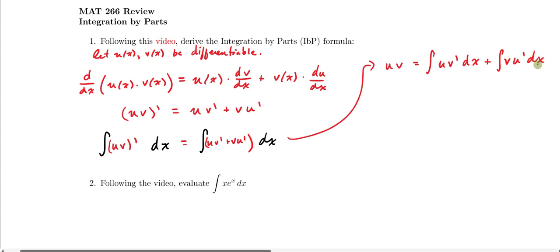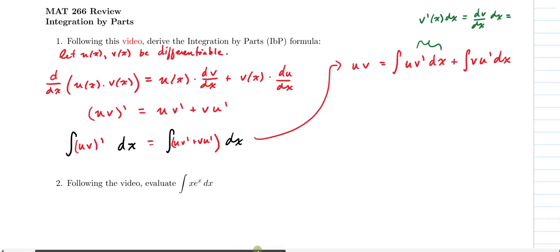So then we're going to be a little bit sloppy here with our notation, but this is just to show you where the formula comes from. I'm going to write v'(x) dx. Well, that's equal to dv/dx times dx. And being a little bit sloppy, we'll say, oh, let's cancel those differential operators.